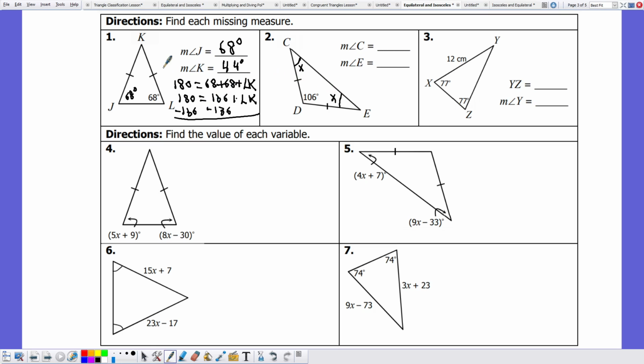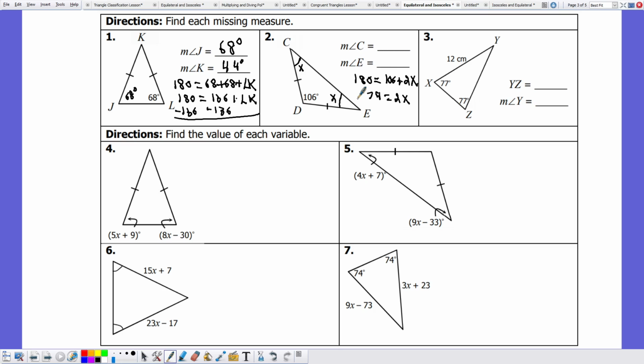Now I need to solve for x. Well, if all the angles add up to 180, we have a relatively simple equation. 180 equals 106 plus x, and x is 2x. Subtract 106 on both sides of the equation, and we see that 74 is equal to 2x.